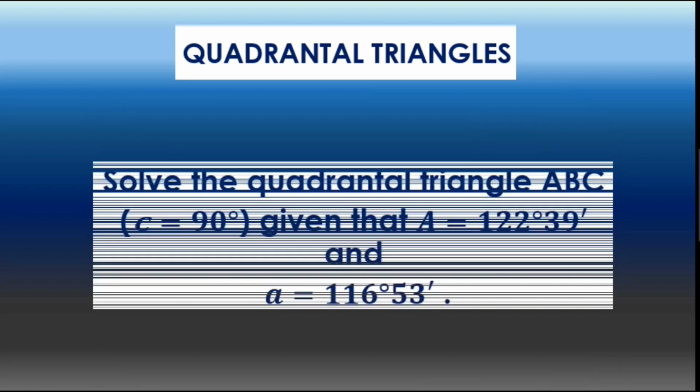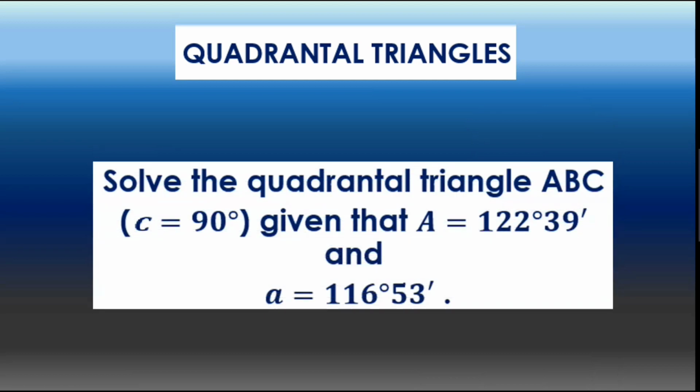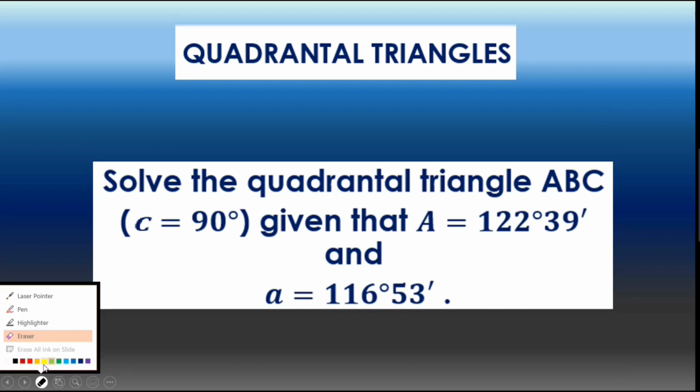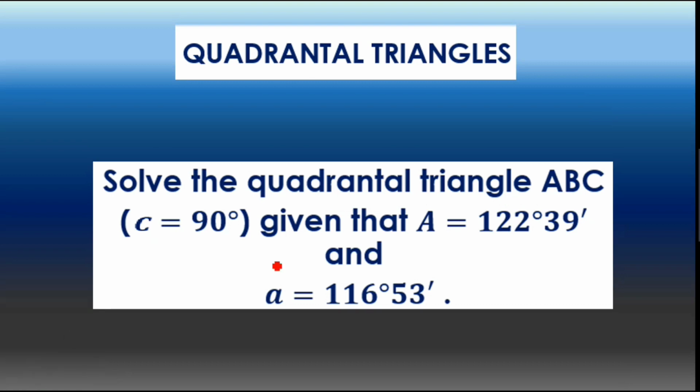So we have here an example. In this example, solve the quadrantal triangle ABC. As you can see in the problem, we do have a given angle here.